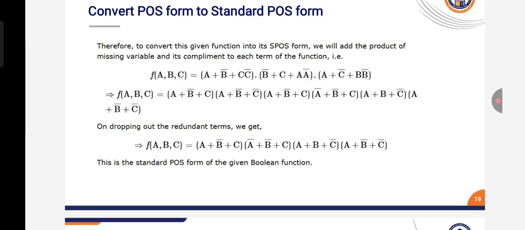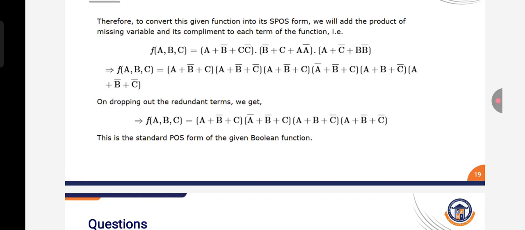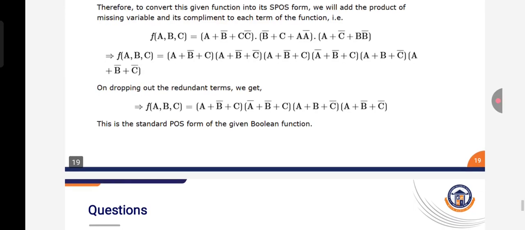Similarly the third term is (a + b + c')(a + b' + c'). Removing the repeated terms, the final Boolean expression is f of a, b, c equal to (a + b' + c)(a' + b' + c)(a + b + c')(a + b' + c'). So this is the standard POS form for the given Boolean function.